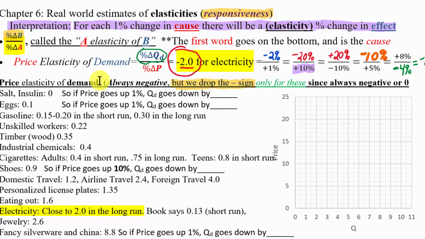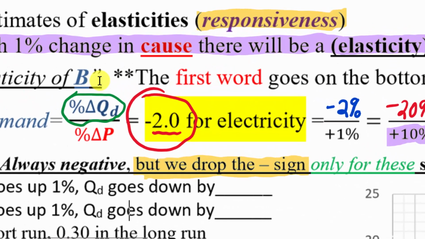So somebody might bring you a price elasticity of demand that they have calculated for the business that you're running, and they might tell you that it's 2. They just tell you your good has an elasticity of 2. They might not include that minus sign. You have to know that really there's still a minus sign there.